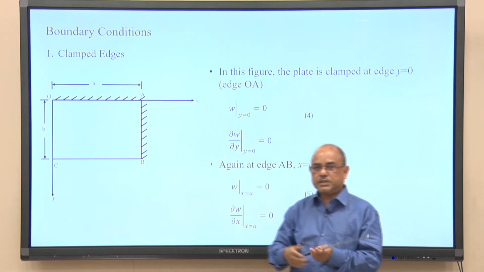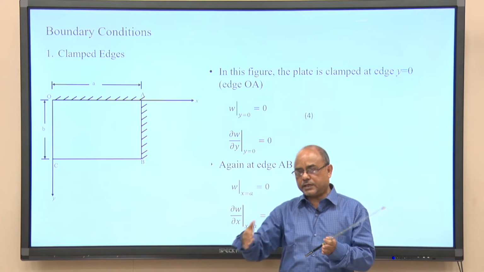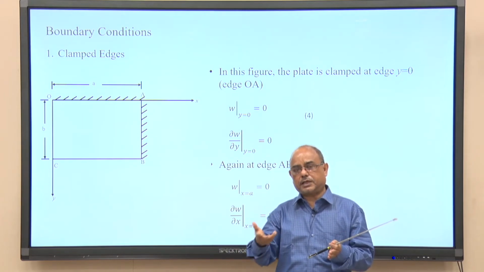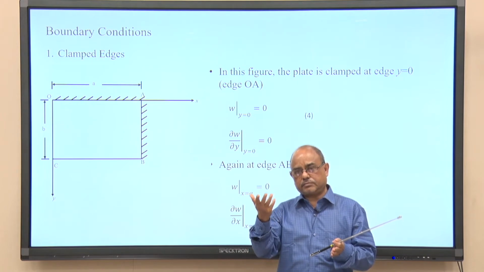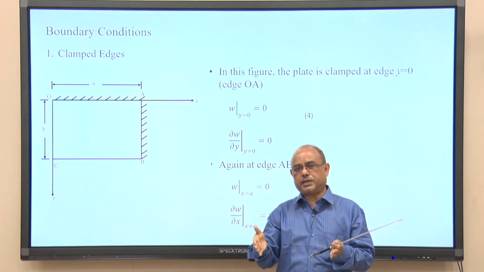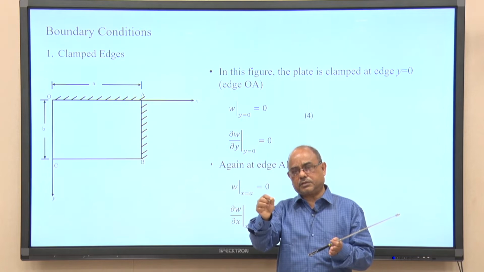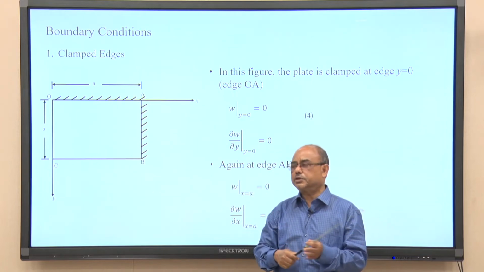For example, we have a steel plate, and along one edge, continuously throughout, it is welded to another plate or another element of steel. For example, a base plate is welded, or a flange is welded to the web. So, this condition may occur.